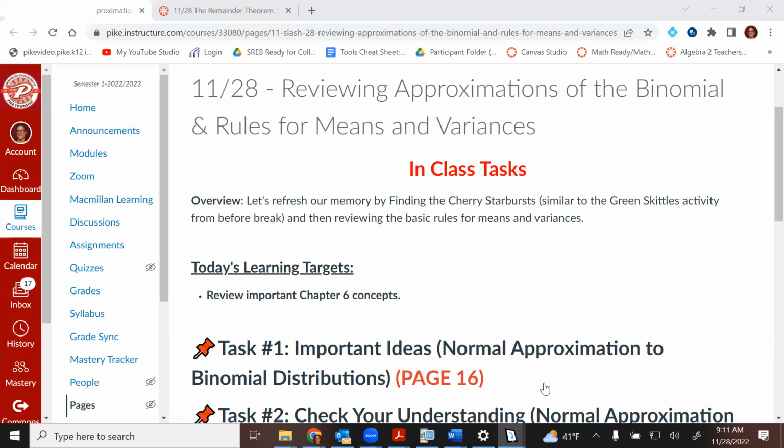I've got them up there in a yellowish and a red color. What were their names? The two things that I had you write down at the beginning of the class. 10% condition and large counts condition.